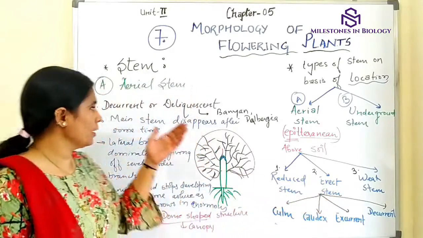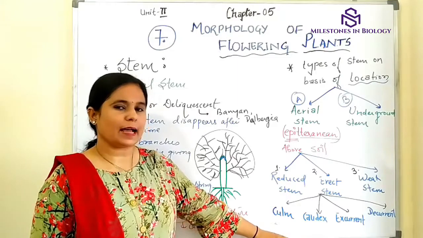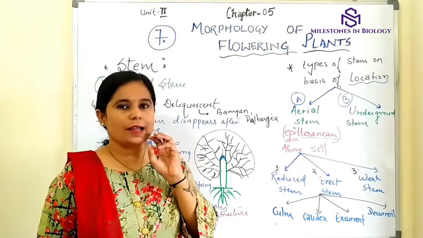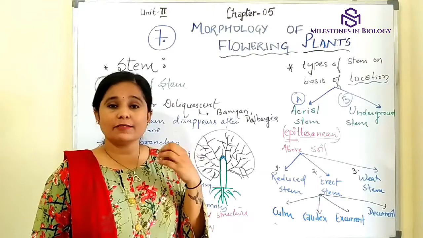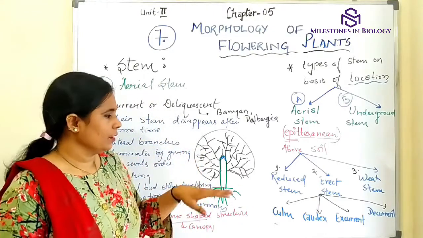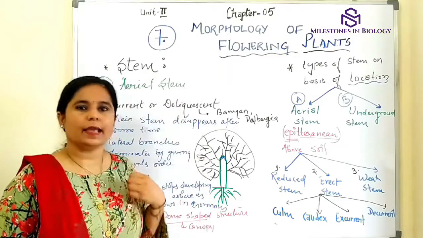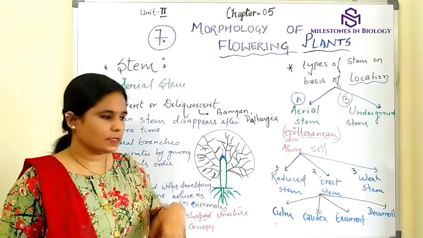Decurrent can also be called deliquescent. In the culm type, the nodes are thick and give a jointed appearance, and the nodes are solid, whereas internodes will be hollow. Examples are sugarcane, bamboo, maize.